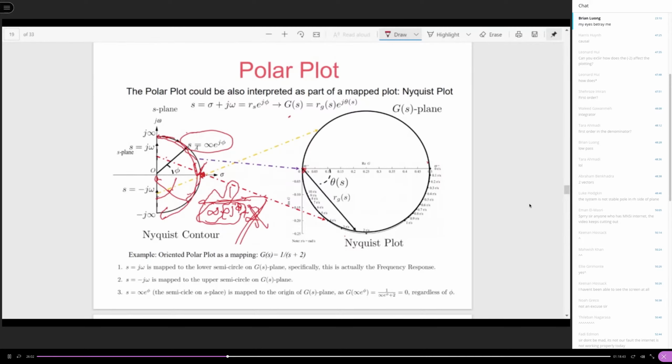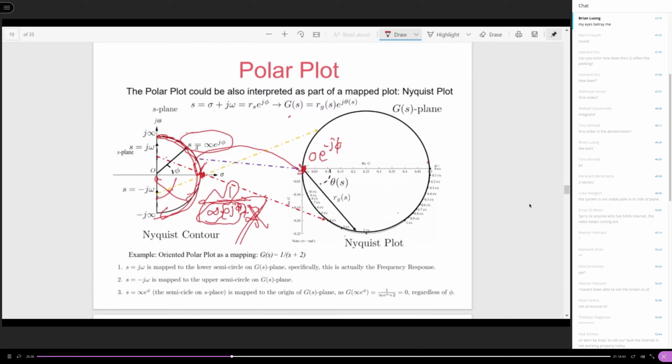Now you can see that when the S is taken on this semicircle, it is always mapped to the origin. But this origin has a value of 0 in radius, e to the minus j phi. Is that right? Because it is in the denominator. So you can express the mapping process as 0 multiplied by e to the minus j phi.